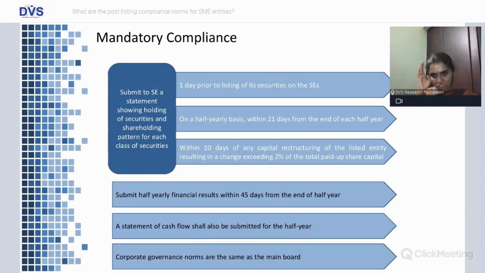Your annexure to the corporate governance report and what will be the matters to be placed before the board of directors and what are the contents to be laid in the annual report as part of your corporate governance norm all remain the same as in the case of main board under your chapter 4 of your LODR regulations.